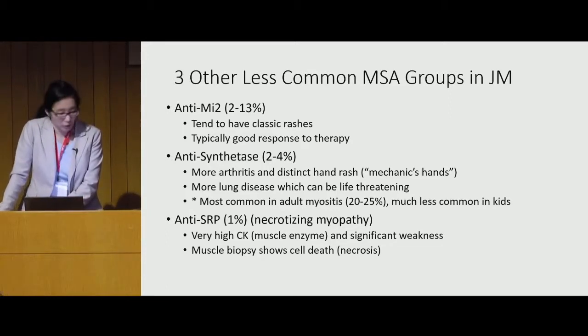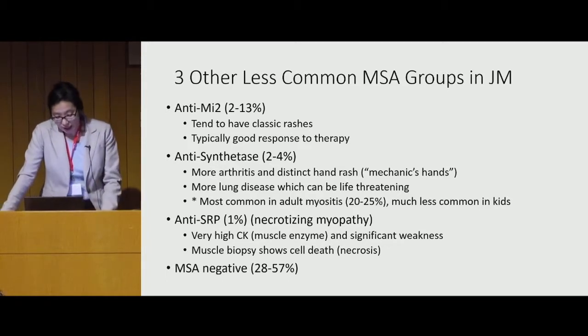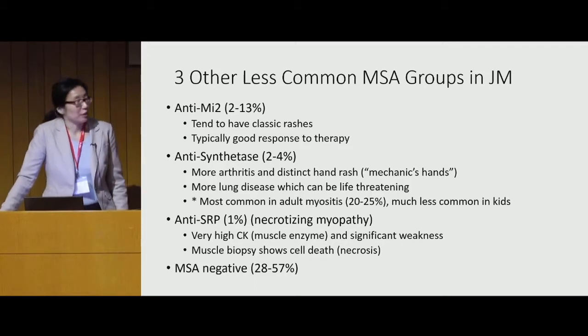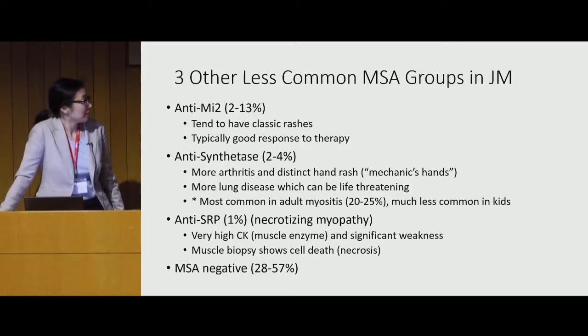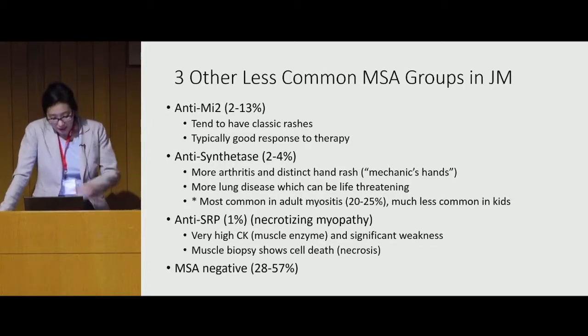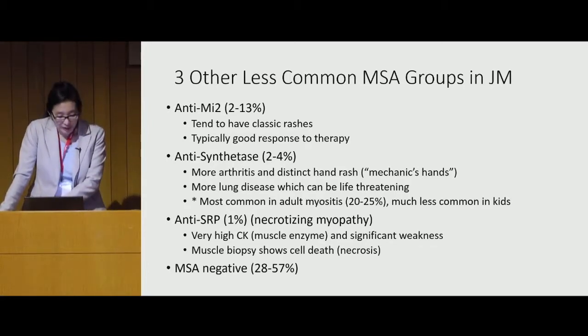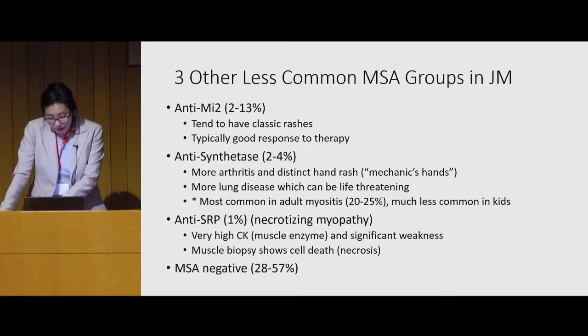So sometimes it can be more difficult to treat. And as we heard from Dr. Tansley, there are, if you've been keeping track of the numbers, a large number still that are MSA negative, 28 to 57%, but this may go down as the testing improves.